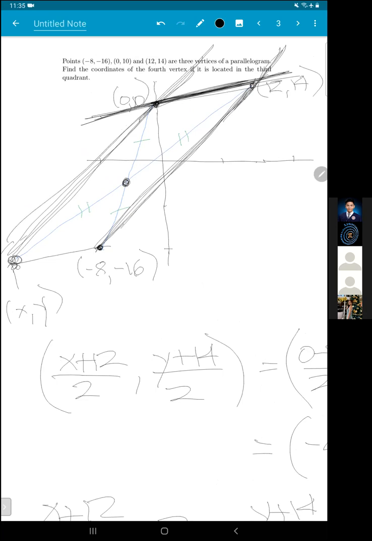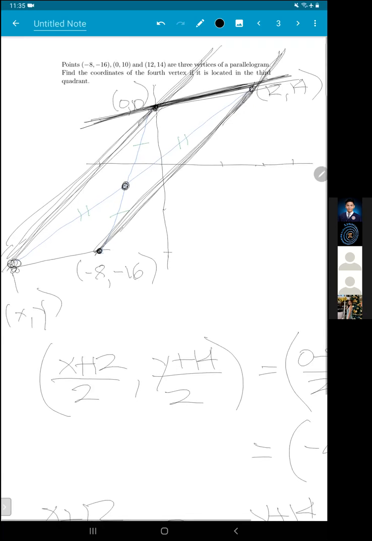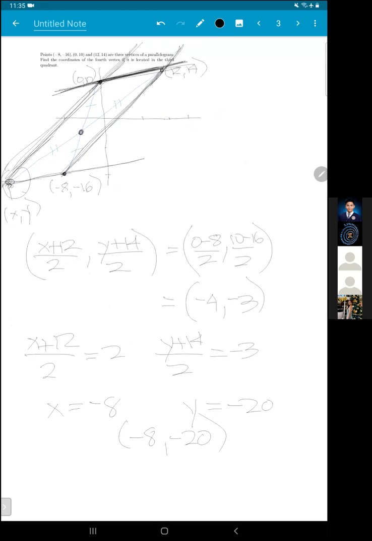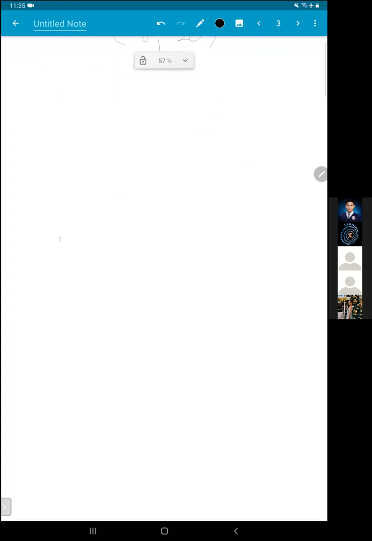Ito kasi intersection siya nito. Okay, this is the intersection of this line and this line. Hindi kasi kasya. Redraw natin. Idea lang ang ibibigay natin ha.